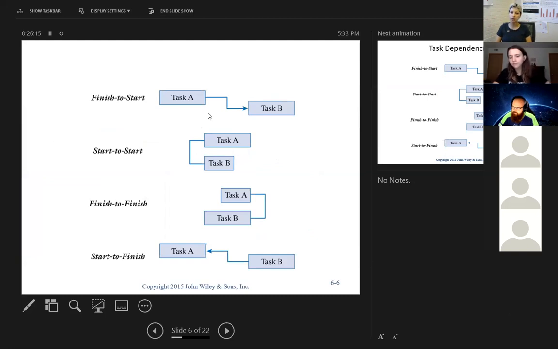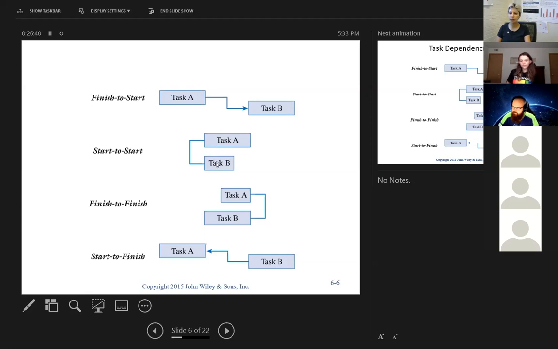So I told you there are different types of dependencies. So flour has to be purchased before I can start making the dough. I can start preheating my oven, at the same time start adding veggies to my dough, or adding sauce to my dough, or adding things to my pizza.